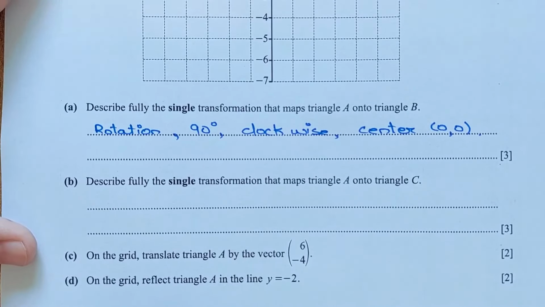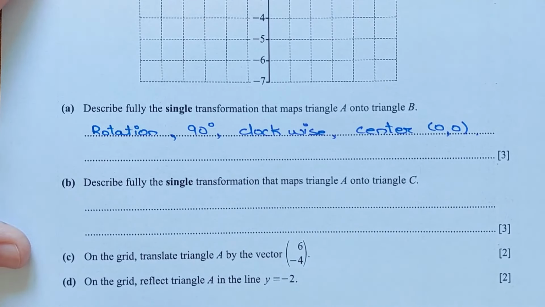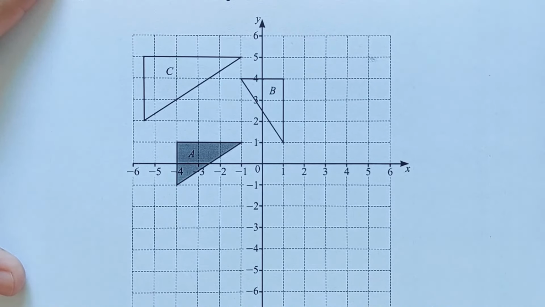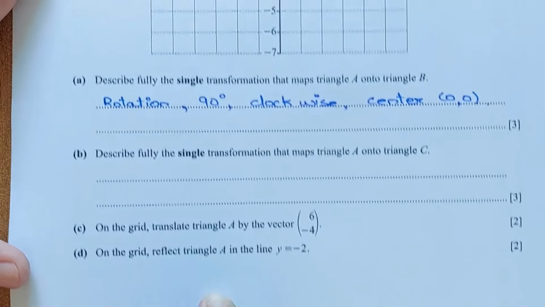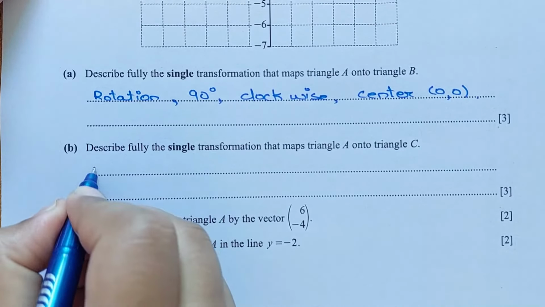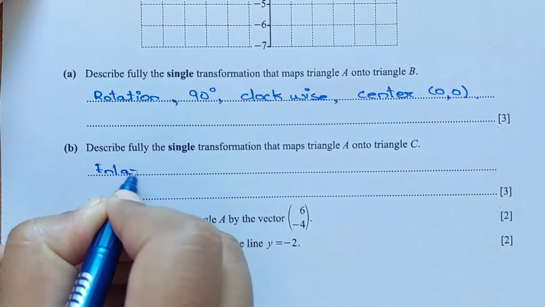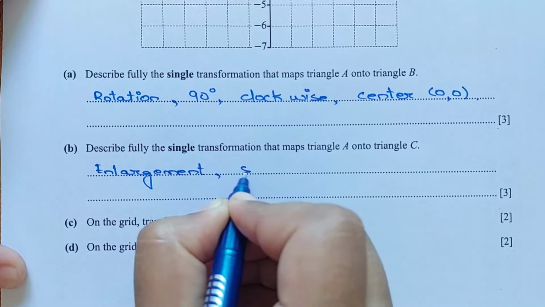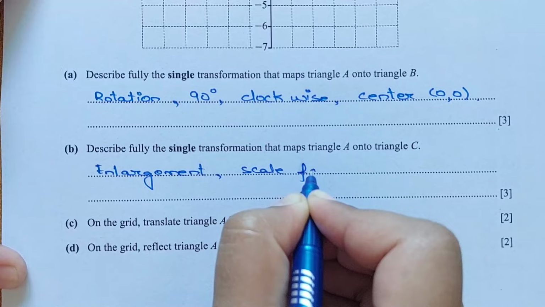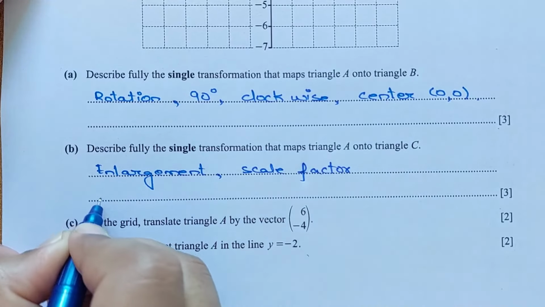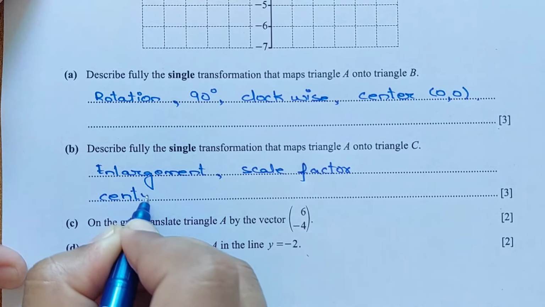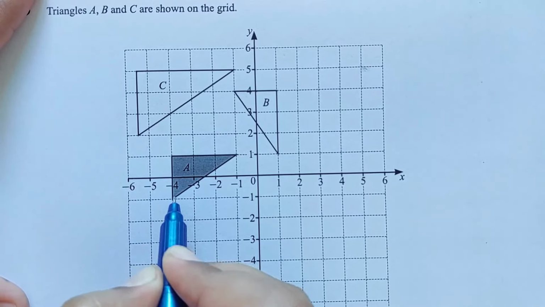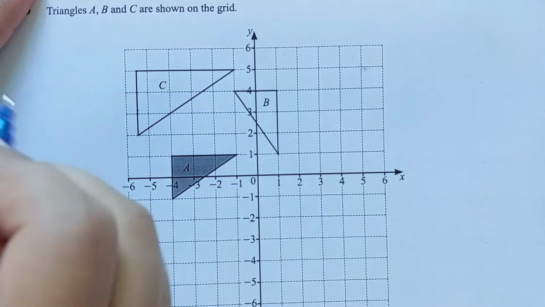Moving to part B. Describe fully the single transformation that maps triangle A onto triangle C. A to C is an enlargement. We have to find the scale factor and the center of enlargement. For the scale factor, we have 1 and 2 units here, and here we have 1, 2 and 3 units.